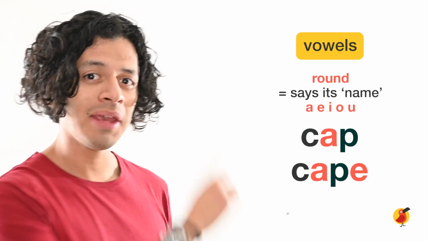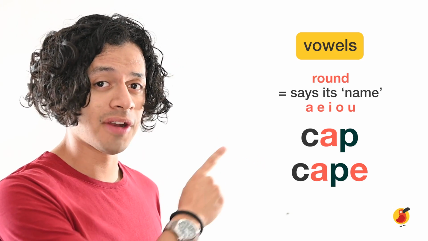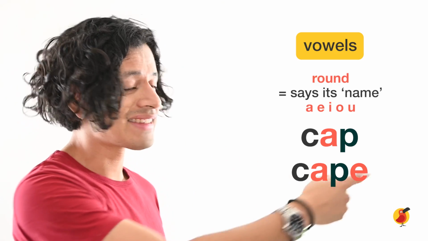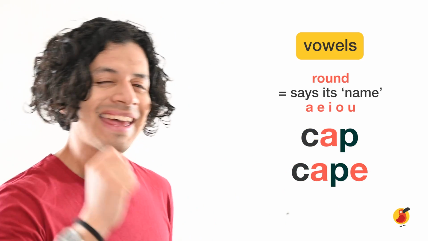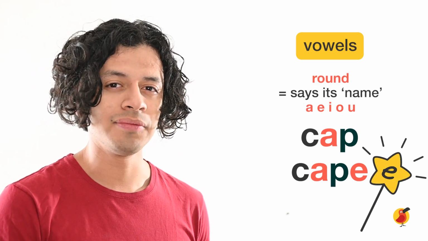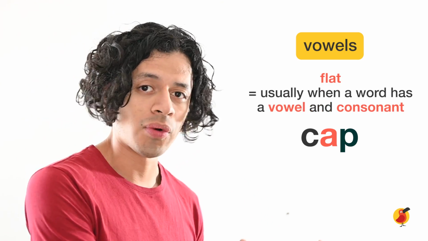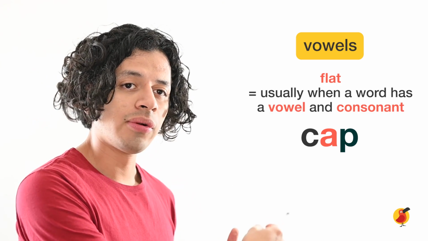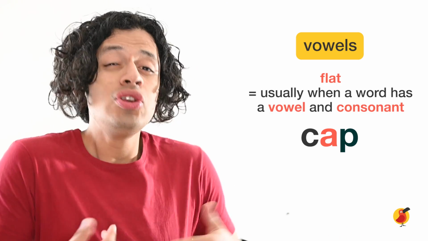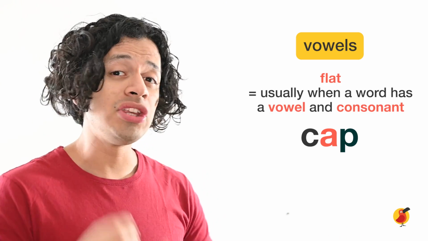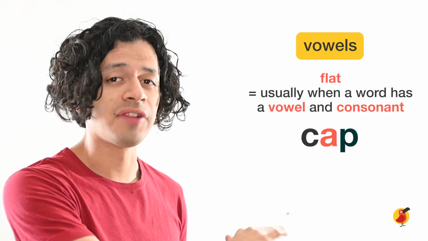But now with these two words right in front of you, you can see that there is an E at the end. And that's the magic E rule. So when a word, especially when it's a short word, has a vowel and then a consonant, we usually, not always, but we usually just use a flat sound.